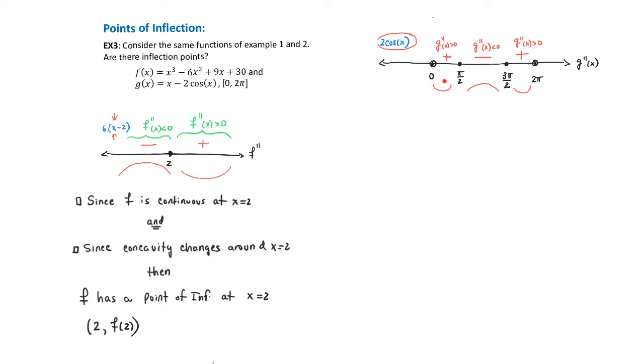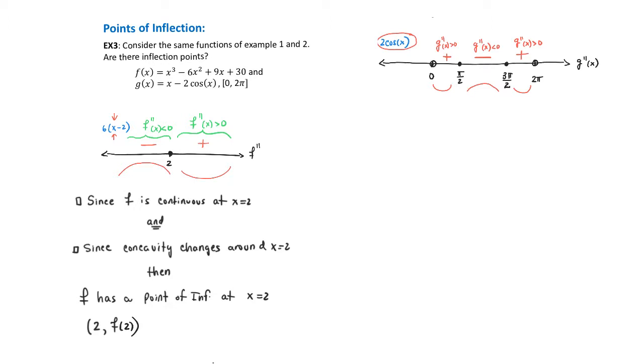We found that in this interval, the graph is concave up, then it transitioned to concave down. There is a change of concavity at pi over 2, and there is another change of concavity at 3 pi over 2. And the original function, g of x, is continuous at pi over 2 and 3 pi over 2.